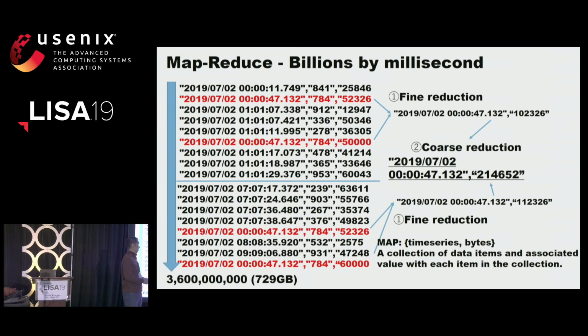Map reduce originally came from the Lisp programming language, and the procedure is simple. Usually it's fine reduction, cost reduction, but map reduce is really application specific. If you cope with billions of session data streams, map reduce becomes extremely difficult.